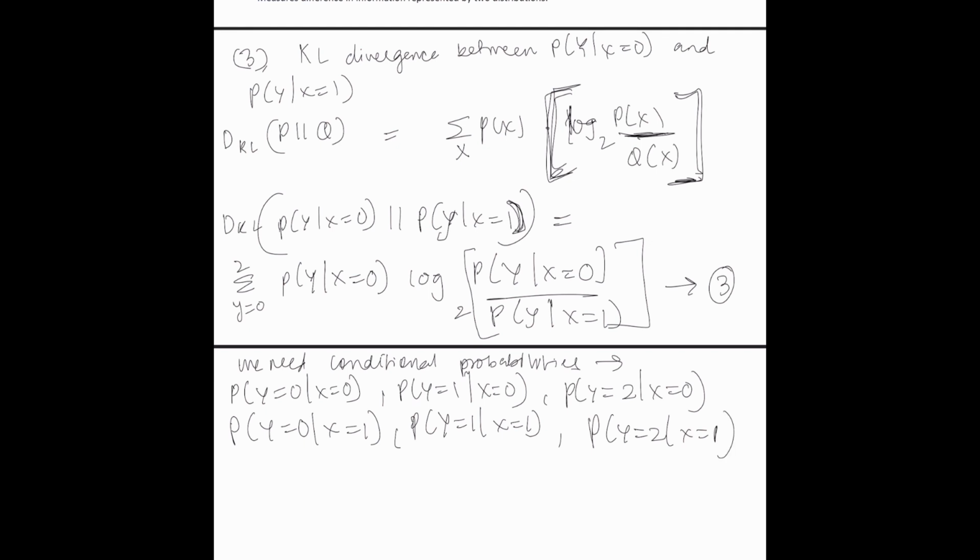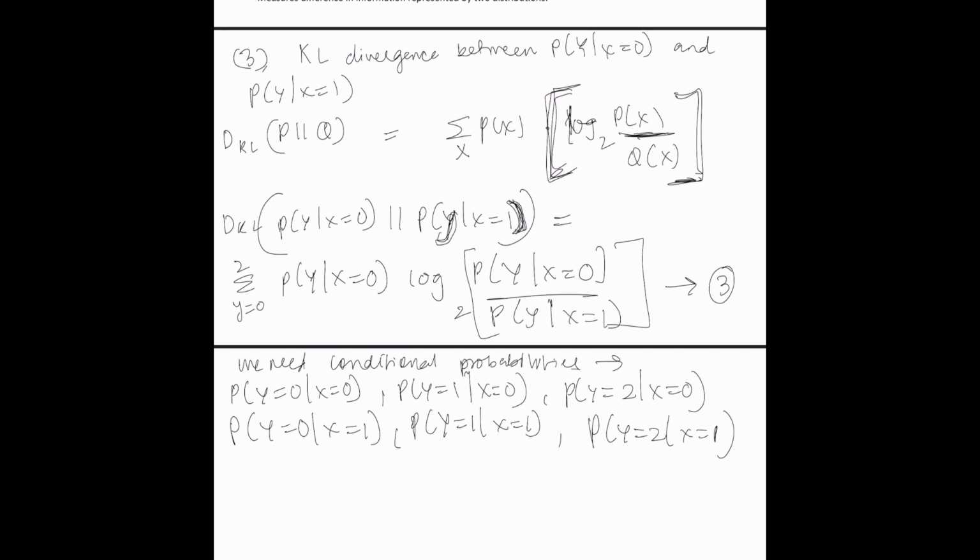We need these conditional probabilities to substitute them in the equation. So now we will be opening up this equation 3, opening up the summation to solve and find the KL divergence.